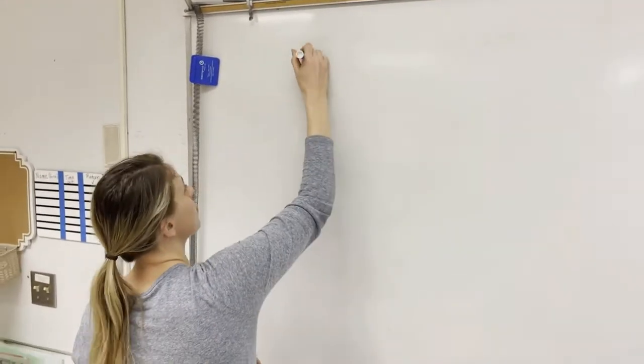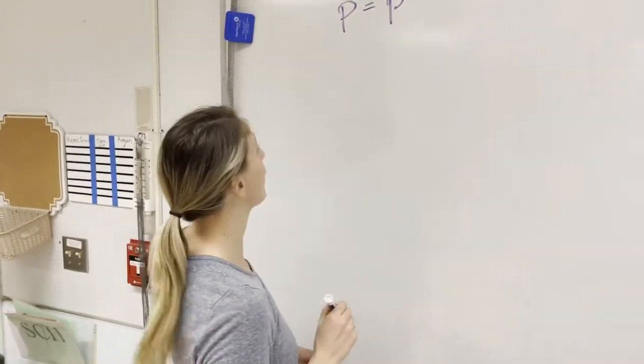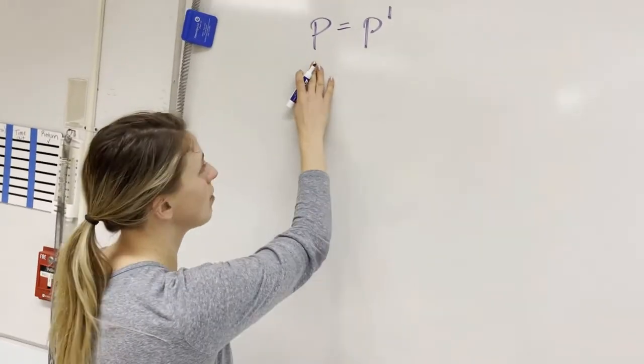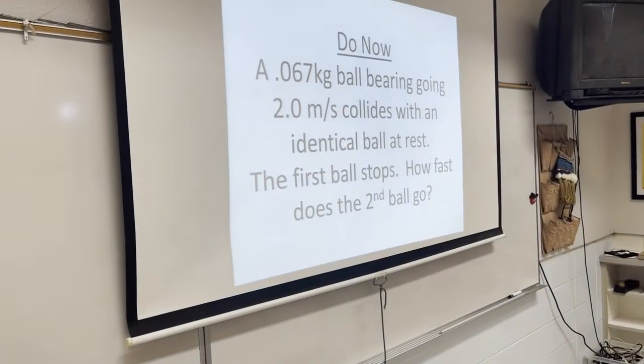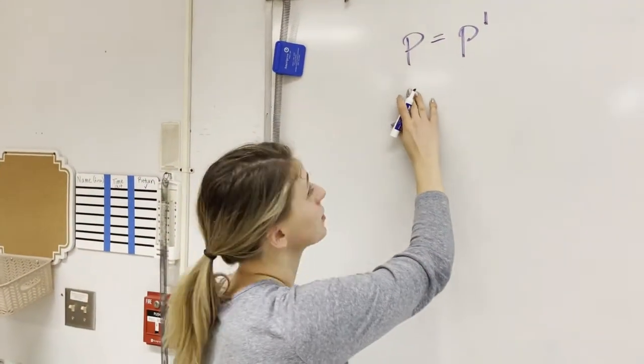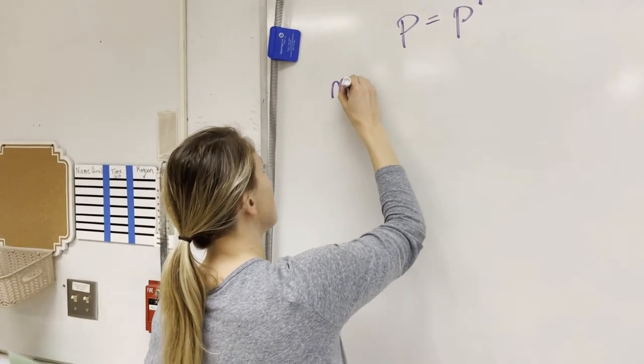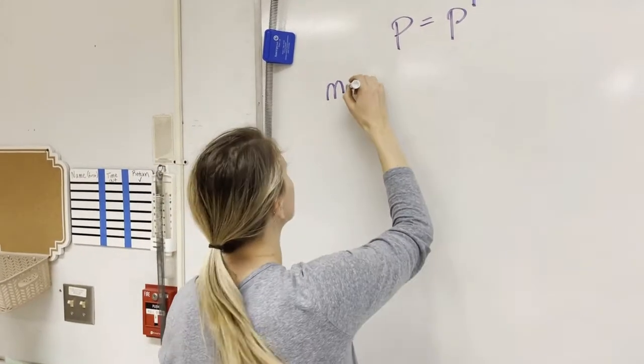Okay, so we know that the momentum before is equal to the momentum after, right? And the momentum before involves two things. It involves the two balls, and one of them is moving and one of them isn't. You don't want to go to the masses yet.